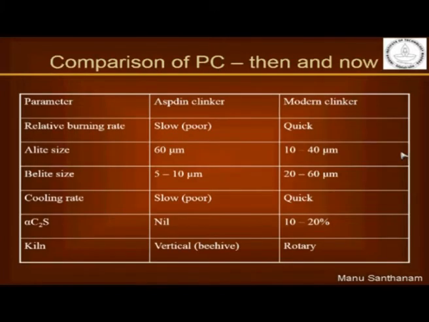So if you look at the clinker that was prepared by Aspdin, the relative burning rate of the clinker would have been quite slow. If you have seen some of these kilns that are used for brick manufacture in the rural areas, you see that these are mostly of the vertical type.